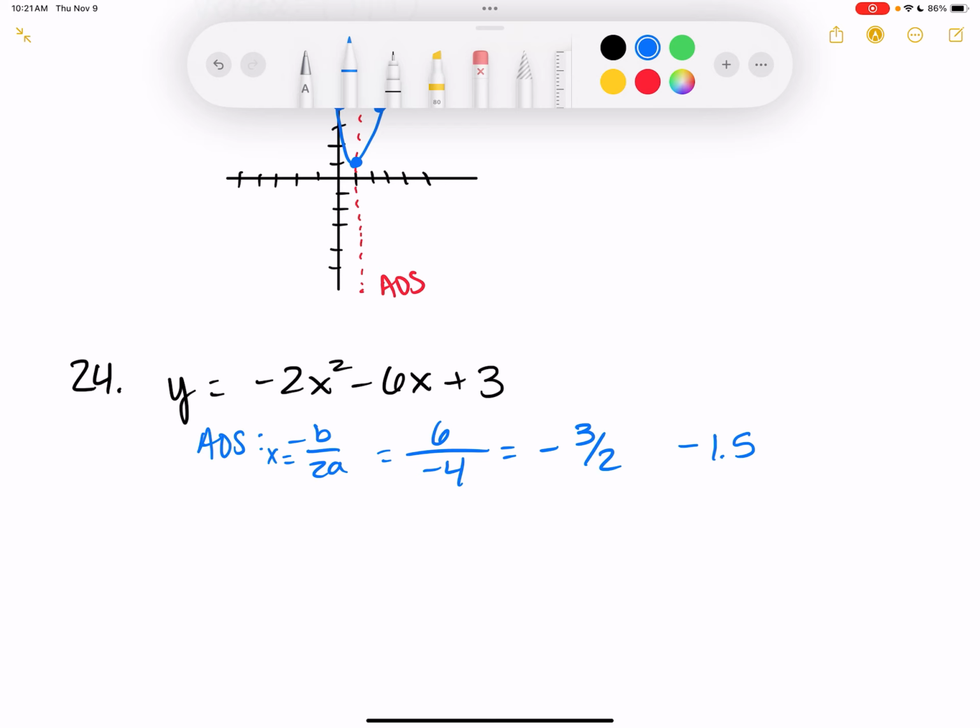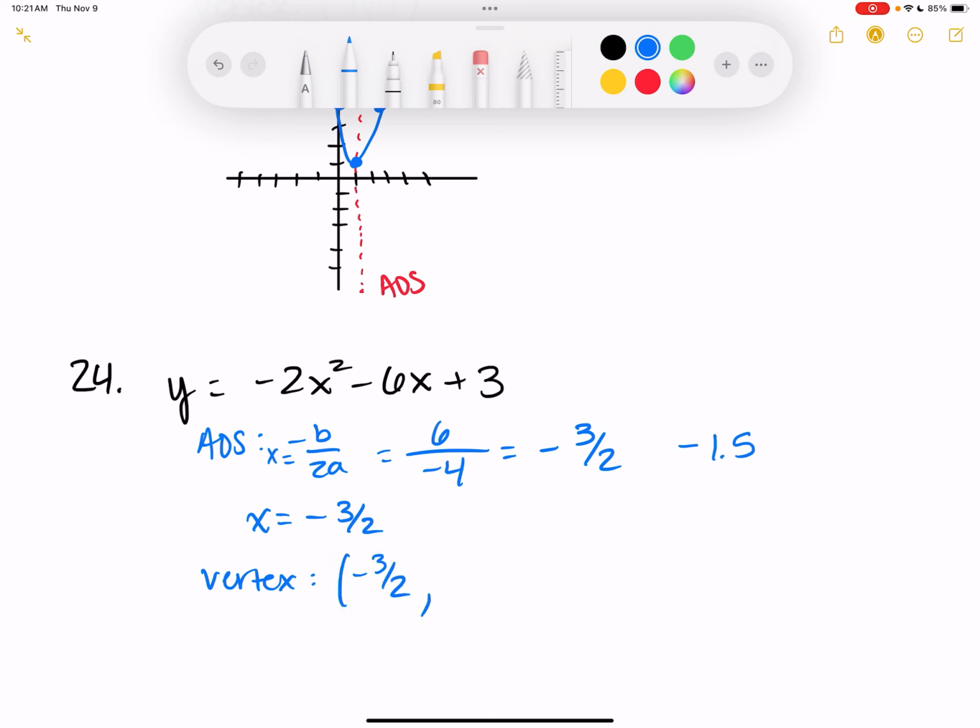So my axis of symmetry is that x is equal to negative 3 halves. My vertex, then, x coordinate is negative 3 halves, and then I'm going to plug it in.